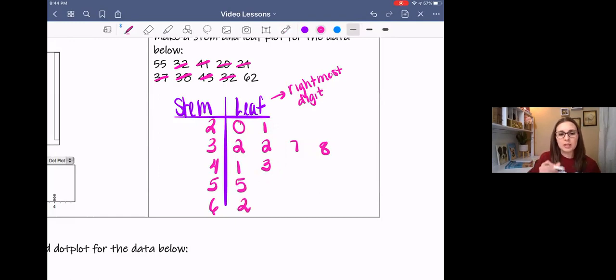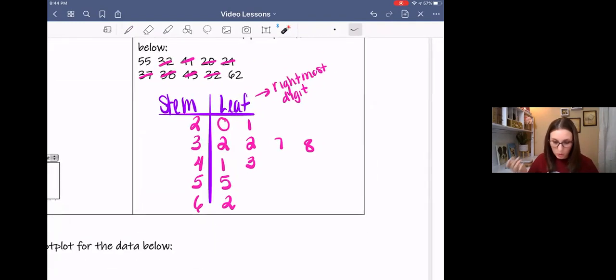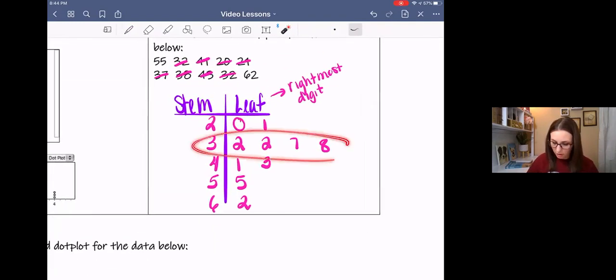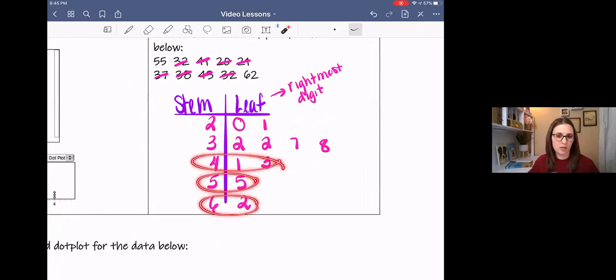So this easily tells us, let's say these are ages, maybe ages of teachers, I'm just making that up, that most teachers at this school are in their 30s. You have a couple in their 20s, that would be too young for teachers. We'll go with it, maybe they're aides or something. A couple in their 40s, one in their 50s, one in their 60s. So that's what a stem and leaf can tell you.